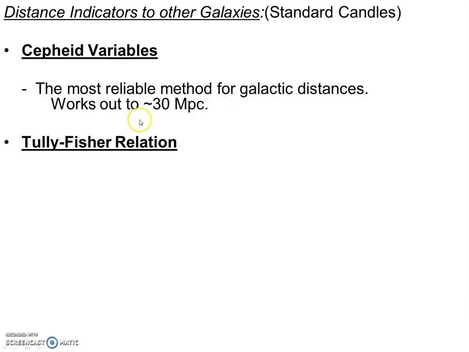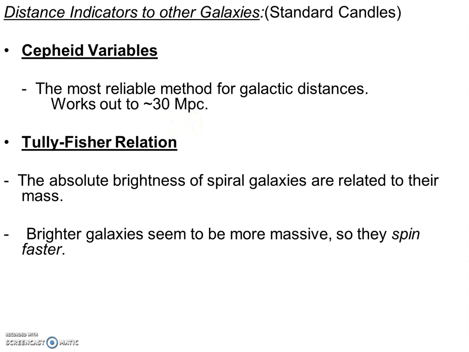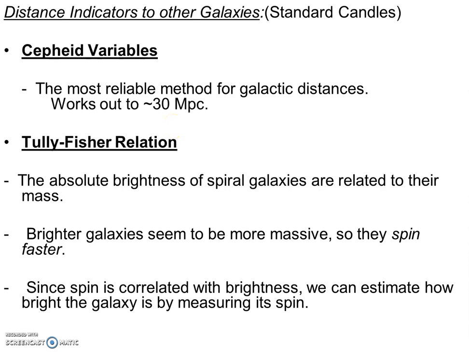And we find that, not surprisingly, for spiral galaxies, their rotation rate and their mass are related to the brightness. Basically, the more mass of the galaxy, the brighter it is. So the absolute brightness of spiral galaxies are related to their mass. Brighter galaxies seem to be more massive, so they spin faster. And since spin is correlated with brightness, we can estimate how bright the galaxy is by measuring its spin.